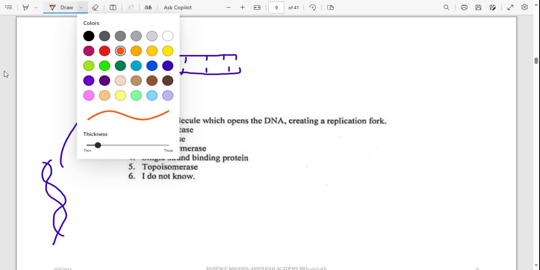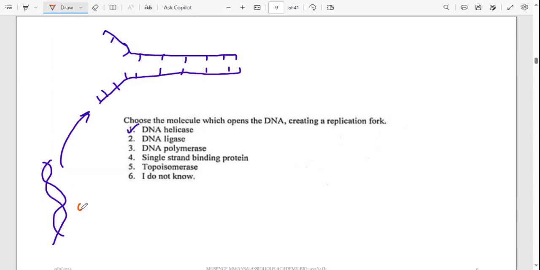So the enzymes that are doing work here, the first one is DNA gyrase. What is gyrase doing? Gyrase is there to remove supercoils, to turn it from being like this to being straight so that it can be easy to separate. And then helicase is going to come in.